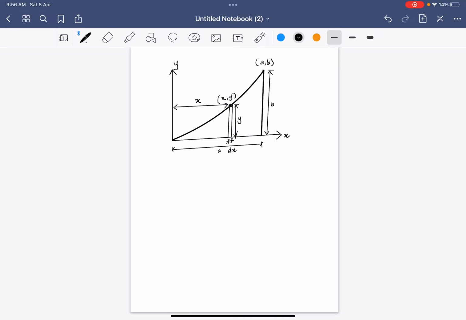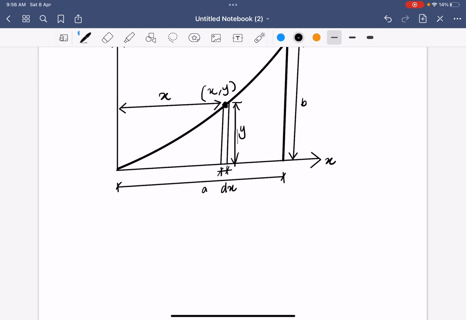So actually the x is equal to x bar e, and the y here, at the vertical strip, the mid of this y towards the x axis is y bar e.